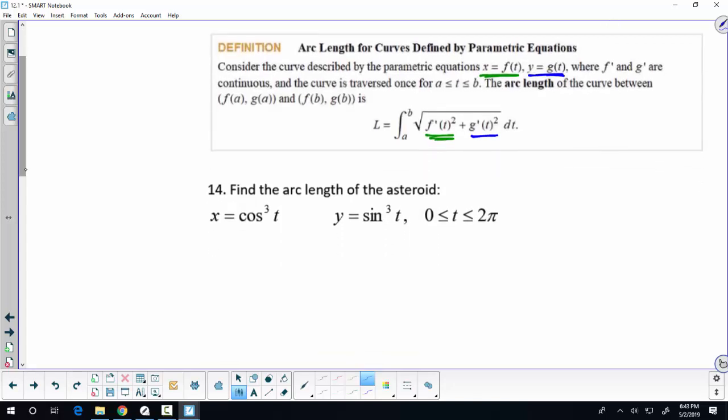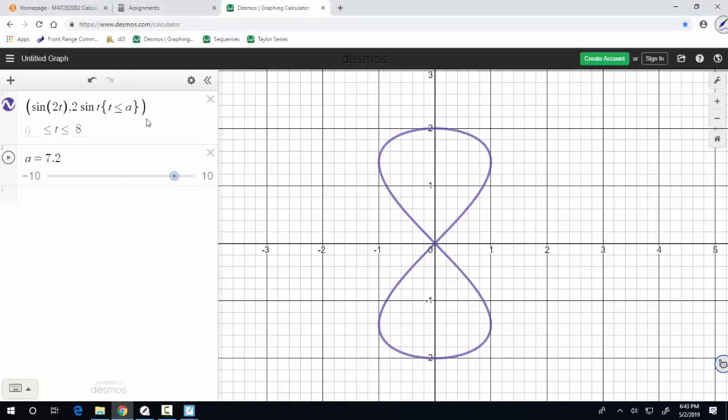So we have: find the arc length of the asteroid defined as follows. We'll go ahead and put that figure in here too.